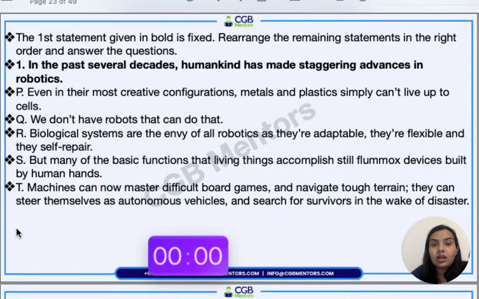Okay, so here is sentence rearrangement, which is your para jumble question. And the best part here for all of you is that the first one is fixed. All you have to do is arrange the rest five, PQRST. Please start doing. I'll give you 3 minutes to do it and submit your answers here.